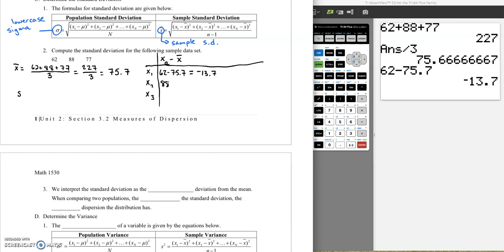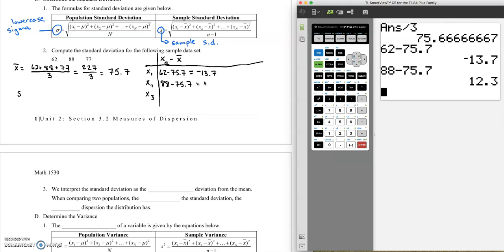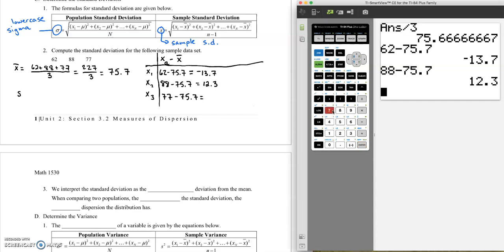Then we have 88 minus 75.7, which is 12.3. And last we do 77 minus 75.7. And that equals, I believe, 1.3, but let's check my arithmetic. Yes, 1.3.